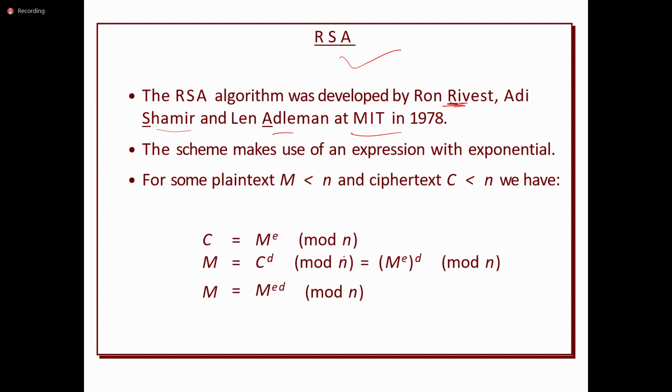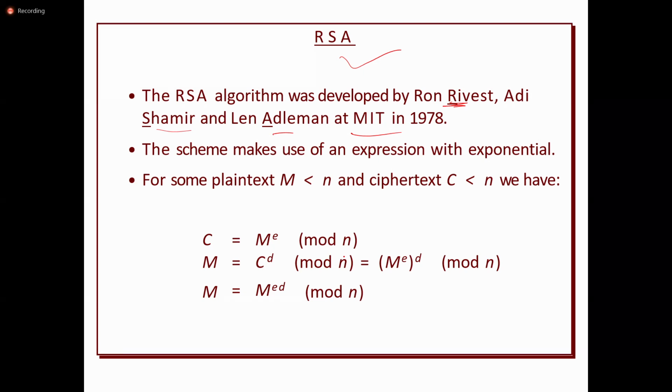For symmetric algorithms, the same key will be used at the sender and receiver side, right? So in order to encrypt that key and transmit it, some algorithms will be used. Those are the public key algorithms.